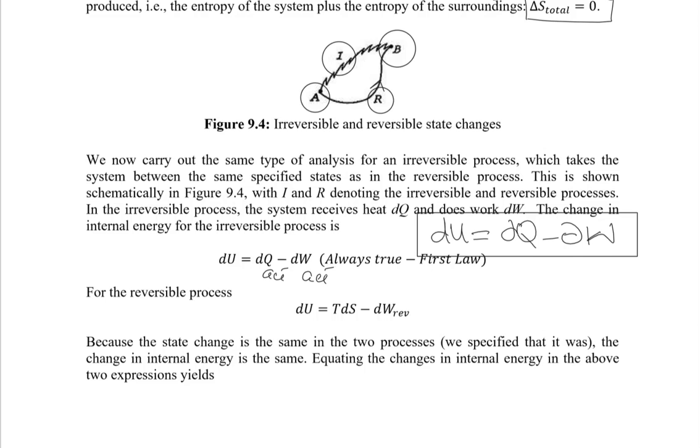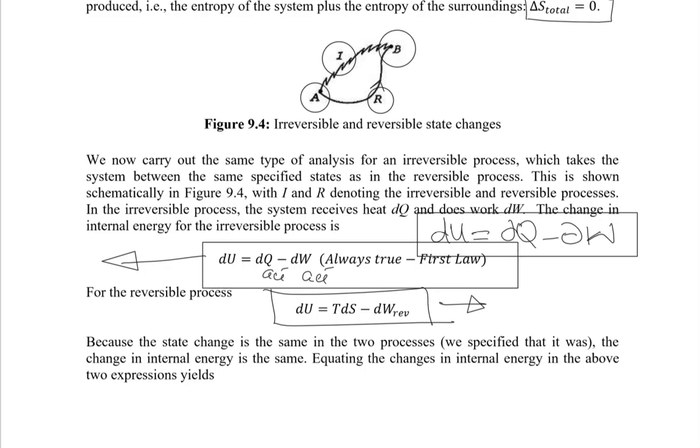But for a reversible process, dU is equal to TdS minus dW reversible. So this equation only holds for a reversible process, while the other equation holds for both reversible and irreversible. We will look at this one as the equation which holds for an irreversible process.